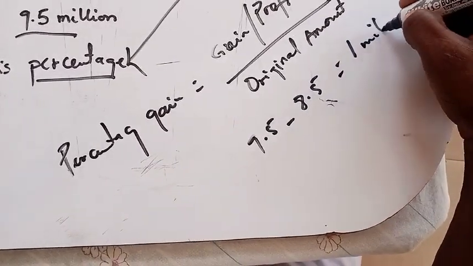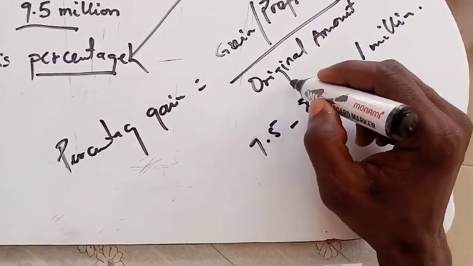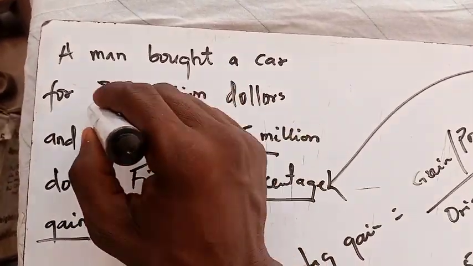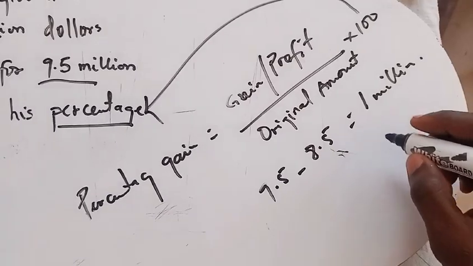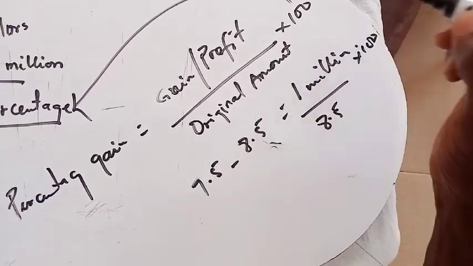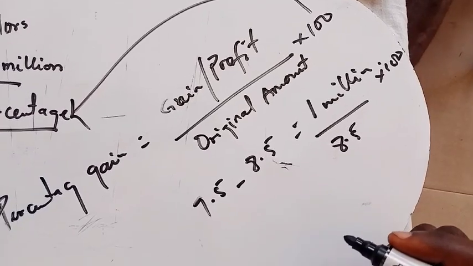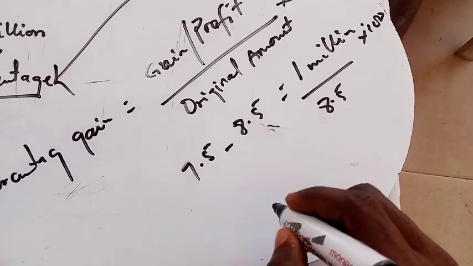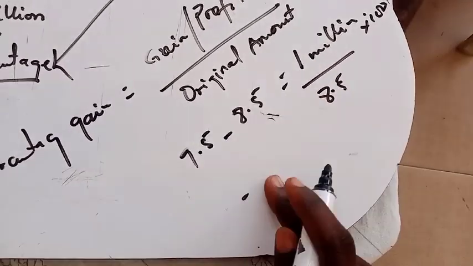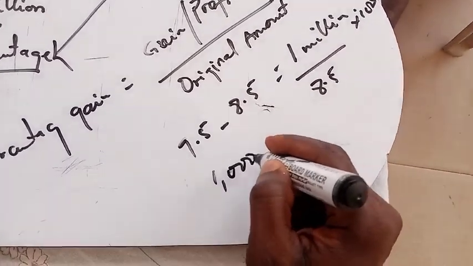So 1 million here. And then the original amount is always the money that you used to purchase your vehicle. That is going to be divided by 8.5, and then multiplied by 100%. How simple is that? Somebody will be asking, am I going to write 1 million? How many zeros here?